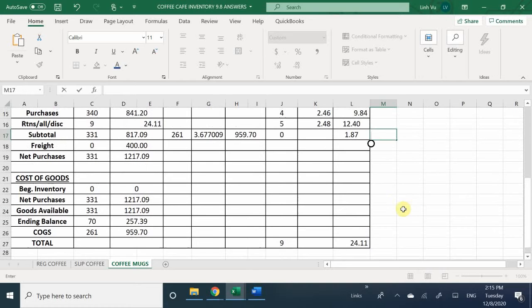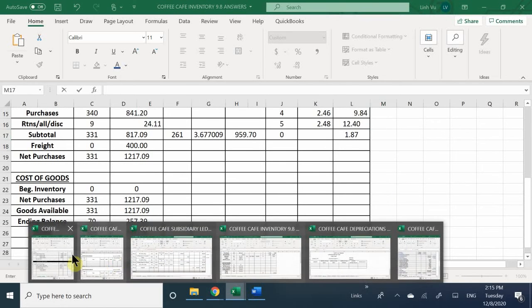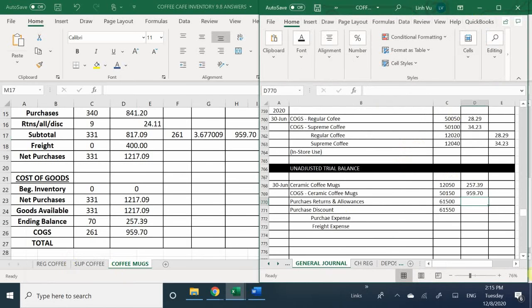Yes. Okay, so good. So my total returns and allowances was 22.24, and my remaining discount was $1.87.